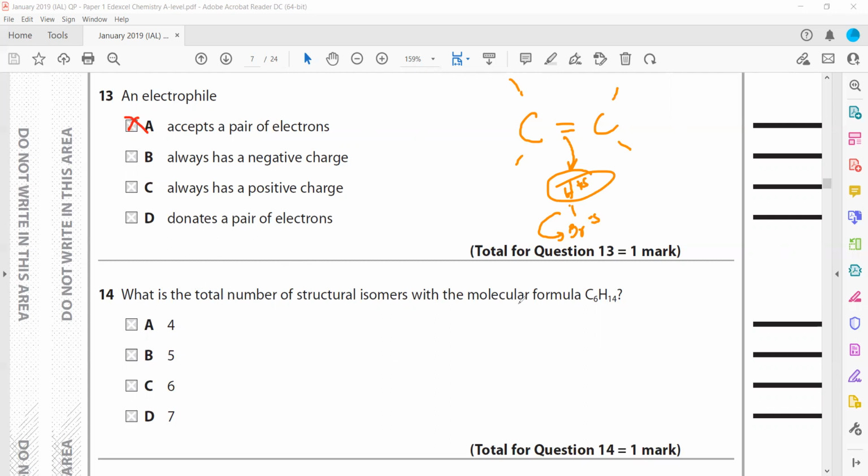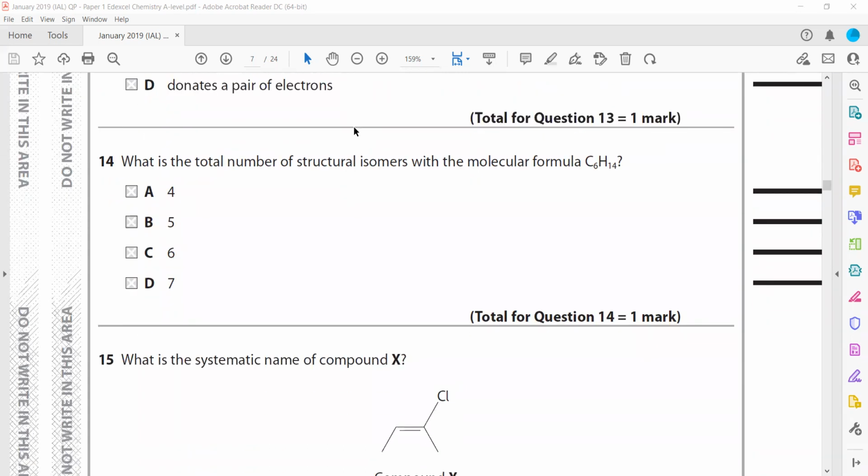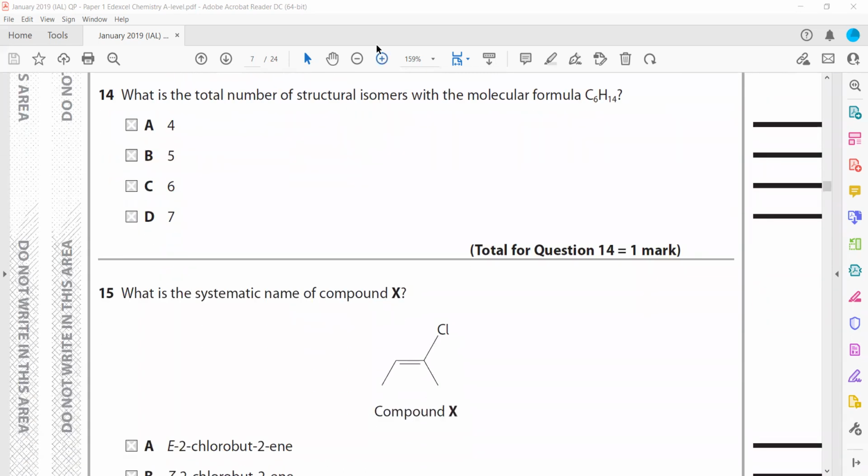Then what is the total number of structural isomers of C6H14? How many isomers can we draw for this C6H14? There are 6 carbon atoms. We can draw them in a straight line.